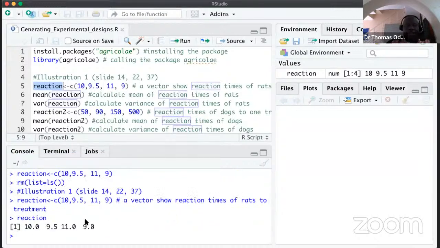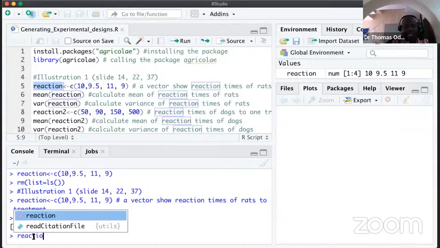It shows you the different values. The first one is 10, the second one is 9.5, then 11, and then 9. As we saw on the first day, you can also get a particular element within your object.